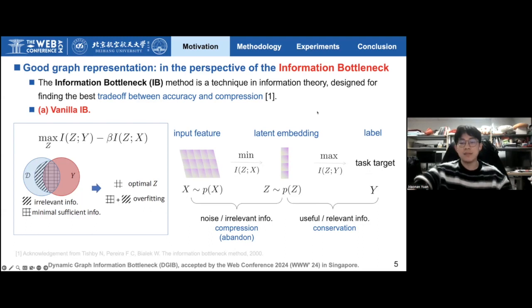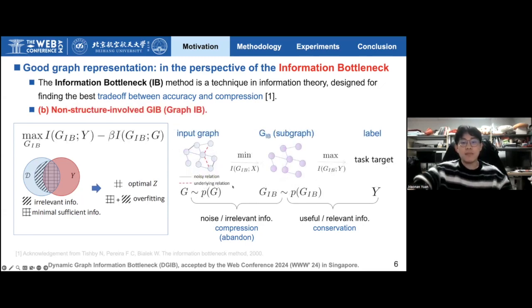That is, the intermediate variable Z retains as much information as possible about the target Y, while retaining as little information as possible about the input. So this is the most traditional IB theory.